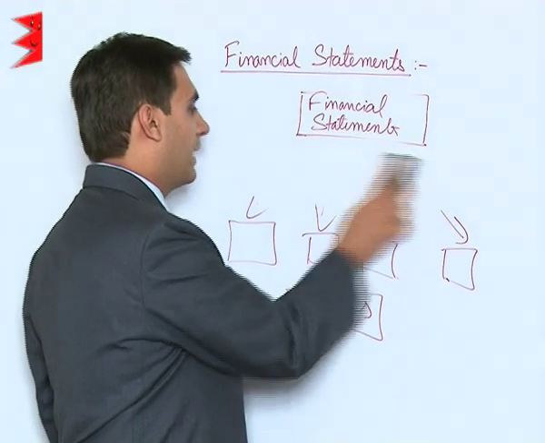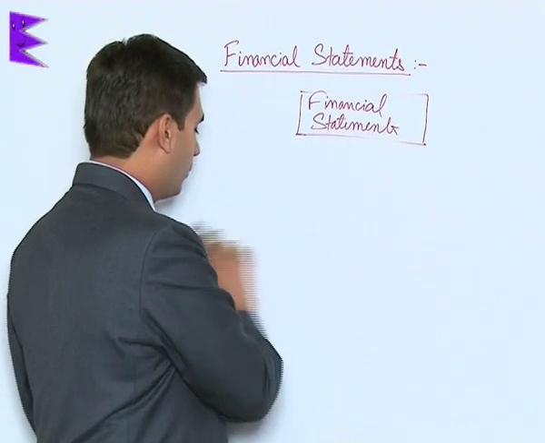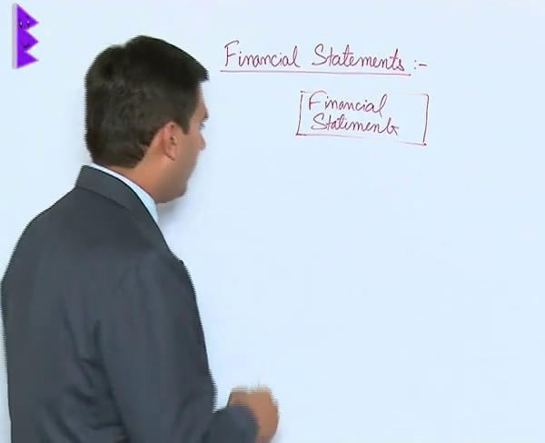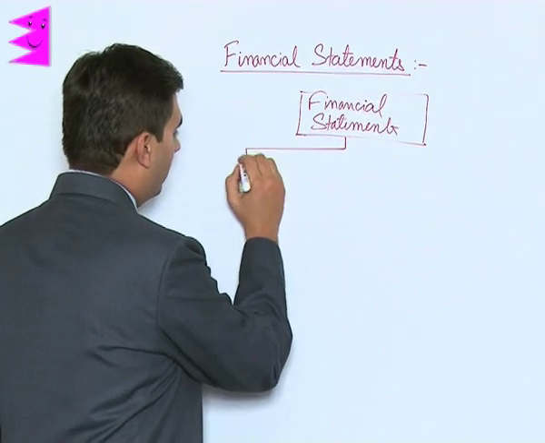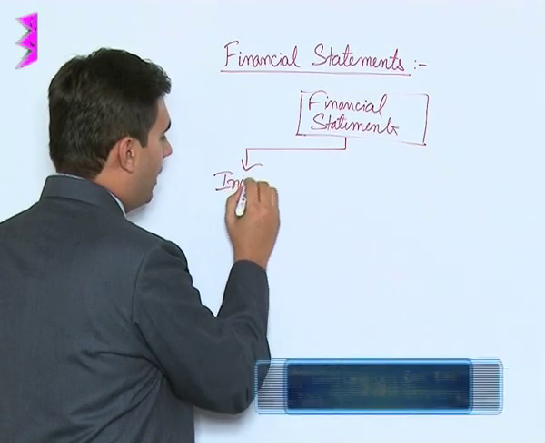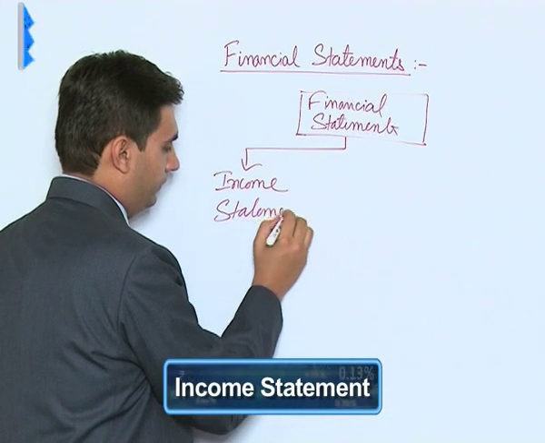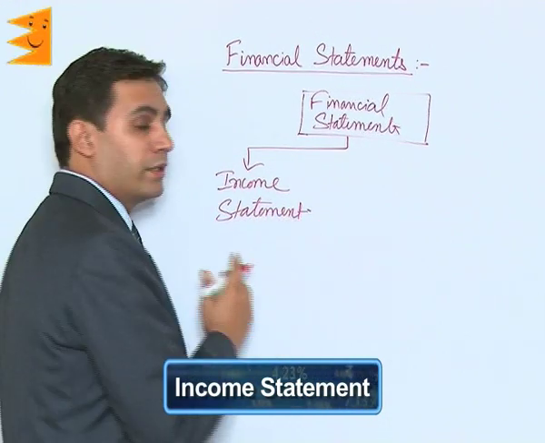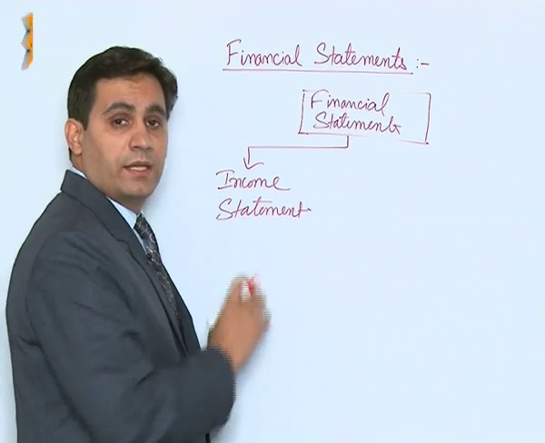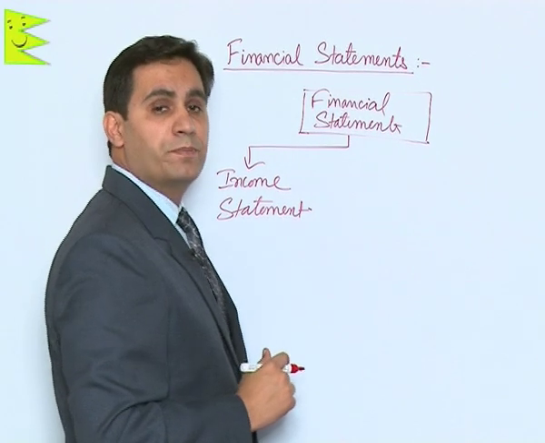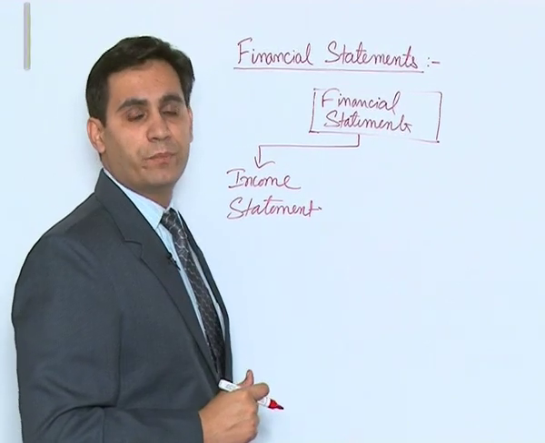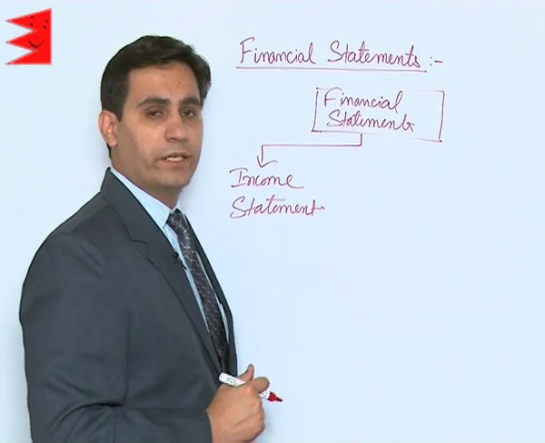Broadly speaking, financial statements have two different parts. The first one being the income statement. As the name suggests, it is a statement which is prepared to show the performance of a business during the financial year.